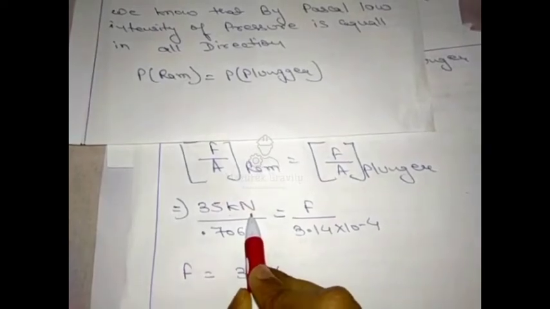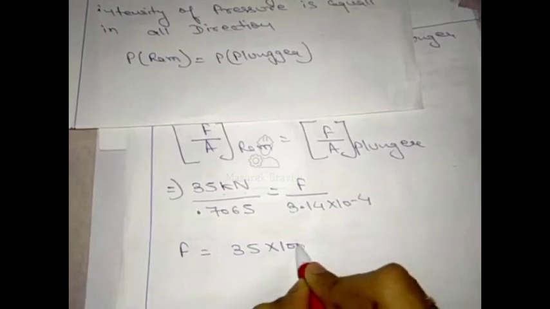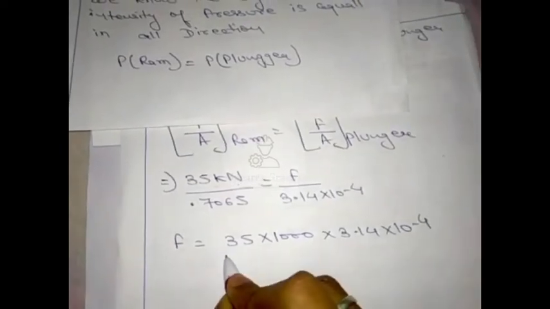So put this value 3.14 into 10 power minus 4. After that we can cross multiply, so F becomes 35 into, when we convert kilonewton into newton, we will multiply by 1000, into 3.14 into 10 power minus 4 whole divided by 0.7065.